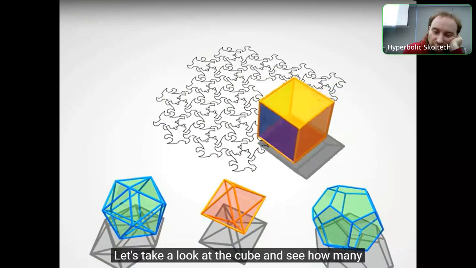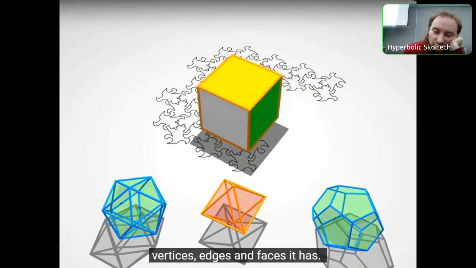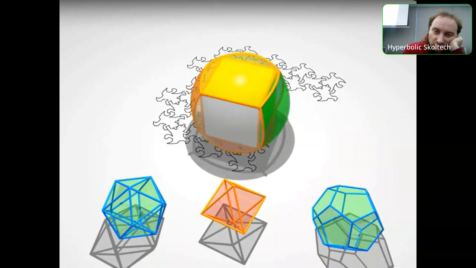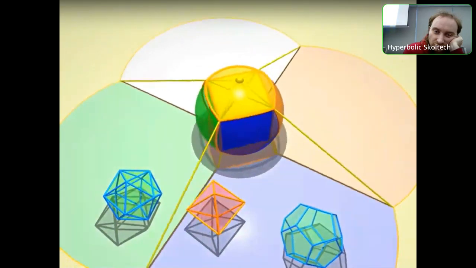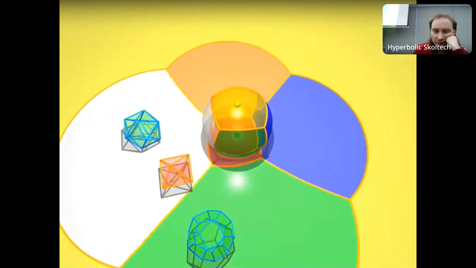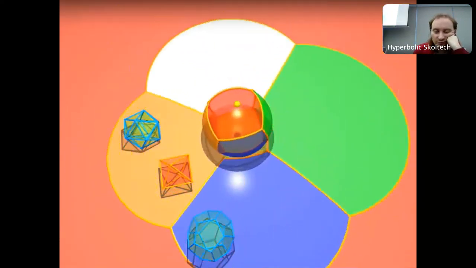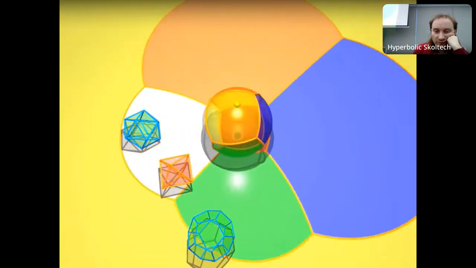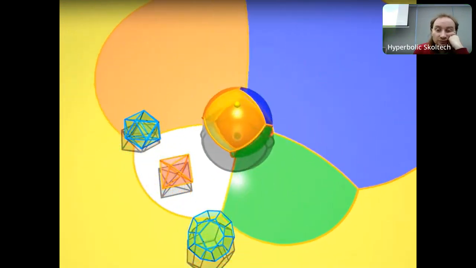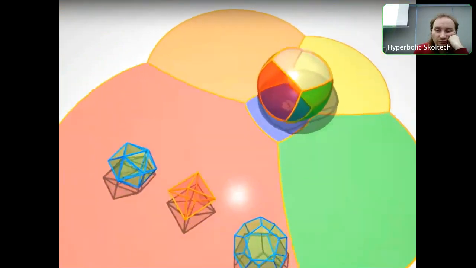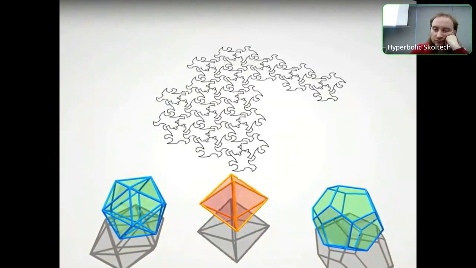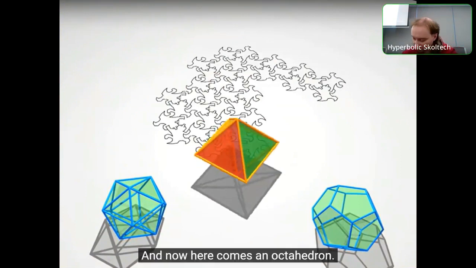Let's take a look at the cube and see how many vertices, edges, and faces it has. And now, here comes an octahedron.